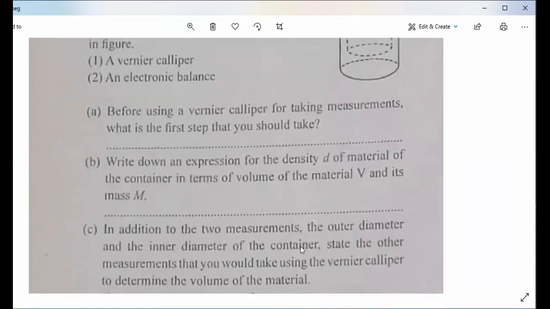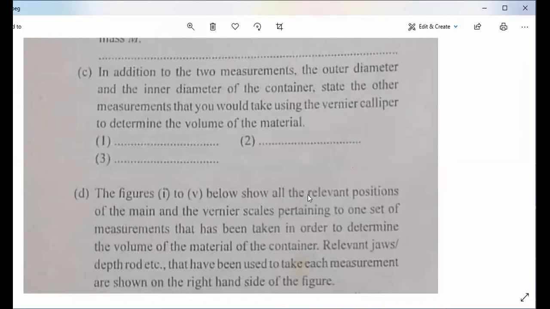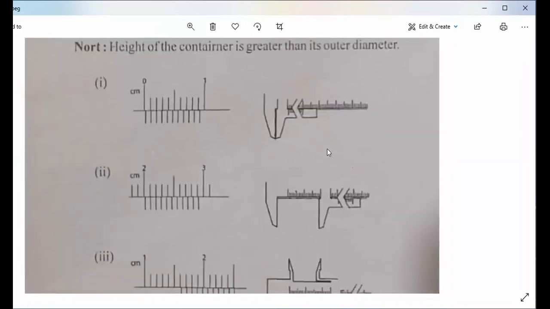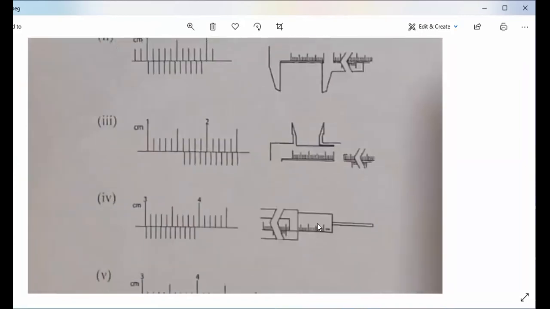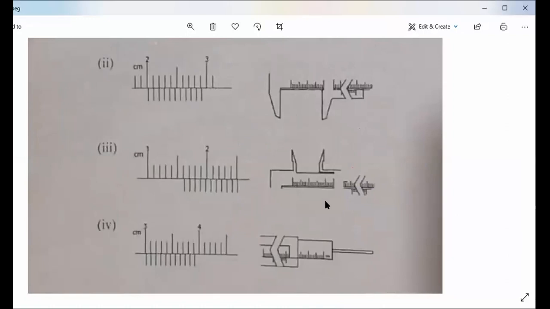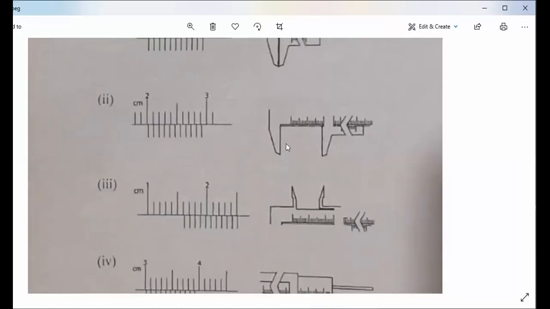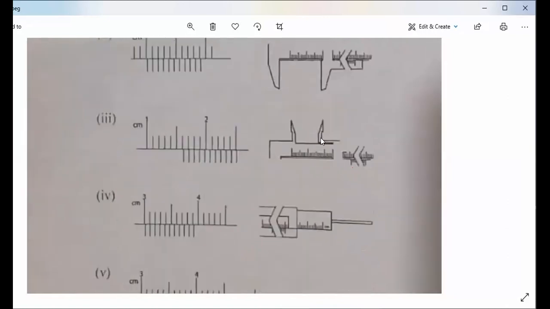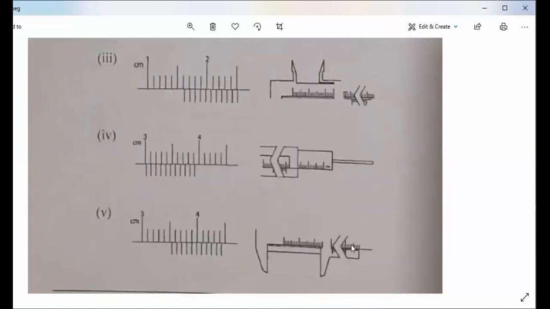Now let's go to the figures. In the external jaws figures, how many external jaws are there? Here we have one. It is 3 centimeter something. So this one is larger and this is smaller. Therefore, which is the external diameter, the second figure or the fifth figure?